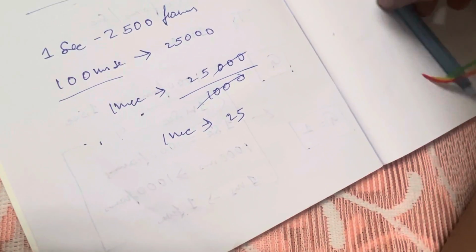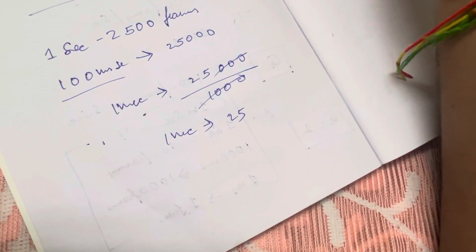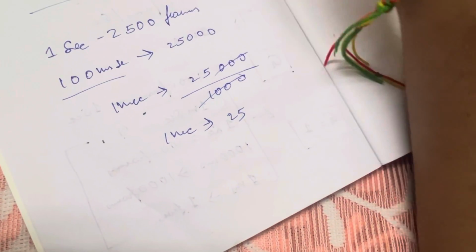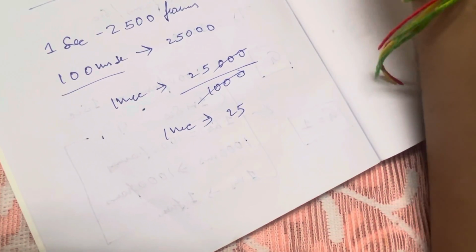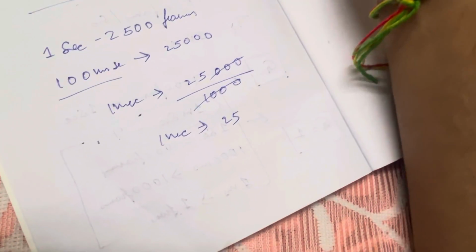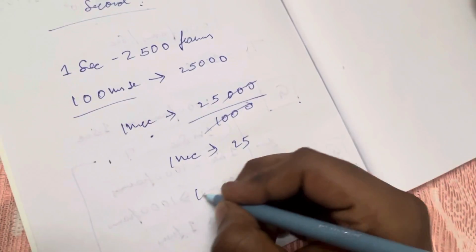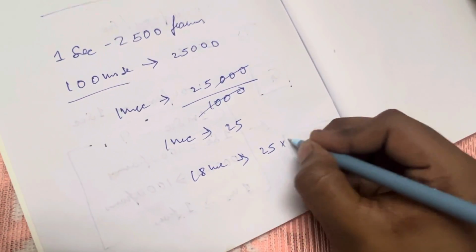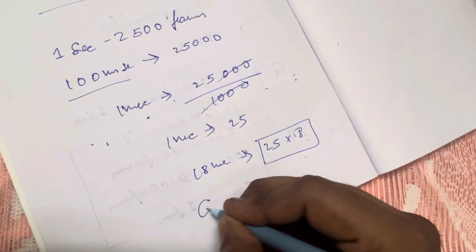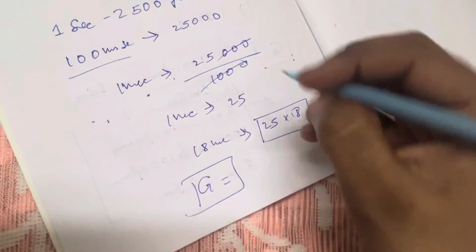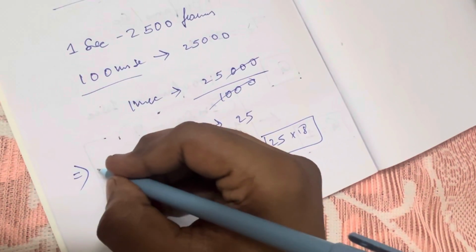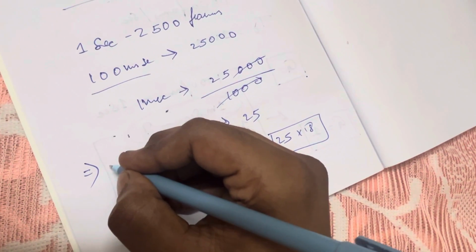Okay, for example, G is 18 milliseconds, and then we do S equals G into e power minus 2G, right? So let G be 18 milliseconds, and 18 milliseconds is 25 into 18. So what is 25 into 18? This will be our G value. Substituting G into this formula, that becomes the formula, right?